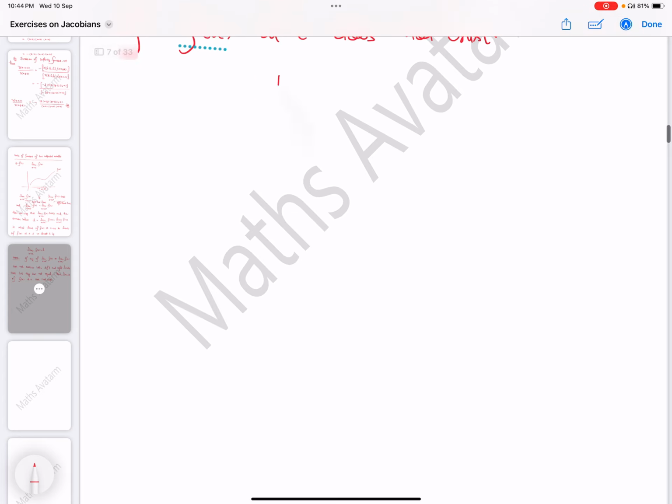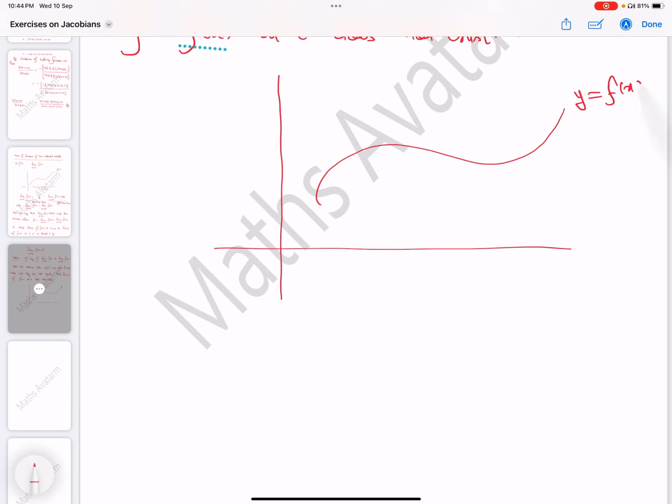Because on the real line we have a function of a single variable y is equal to f(x), and if we are checking the limit at a certain point, we know that there are only two directions, left direction and right direction.